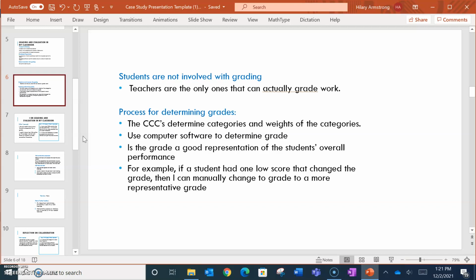For example, I'll take a look and go, well, this student usually is a B student. Why do they have a C? If they had one bad test grade and they're really close to the next higher level, I can go in and manually change the grade to something that is more befitting of that student's level of understanding.